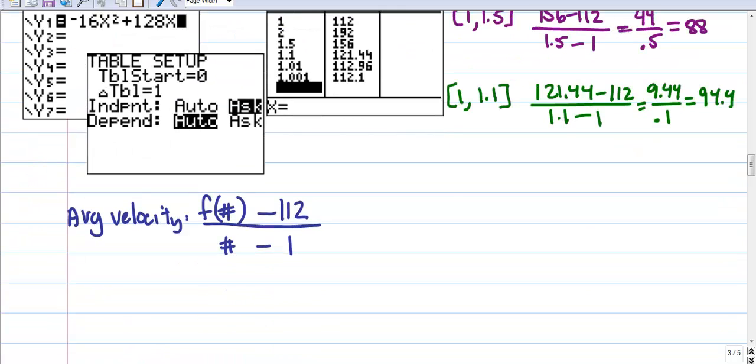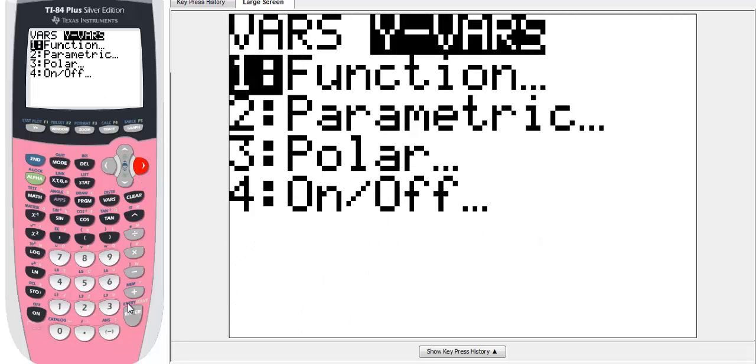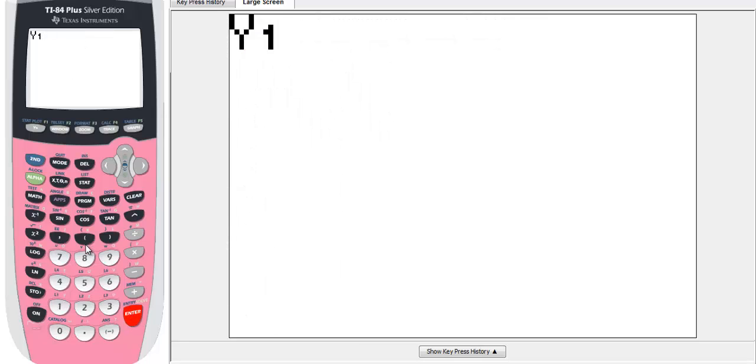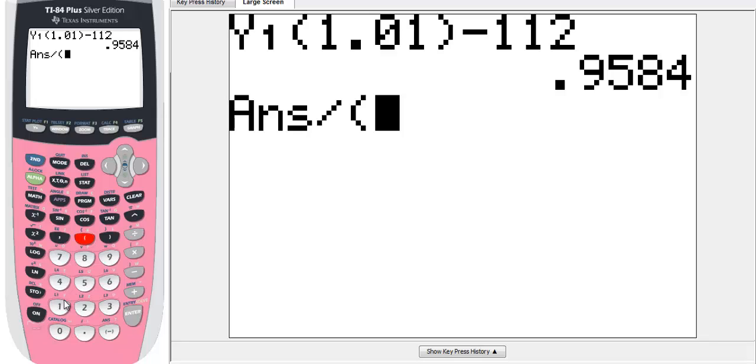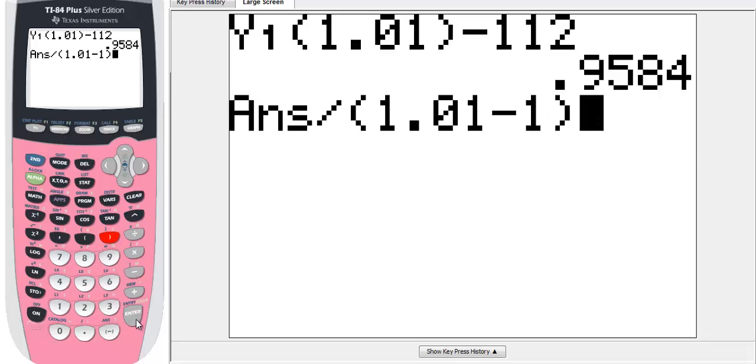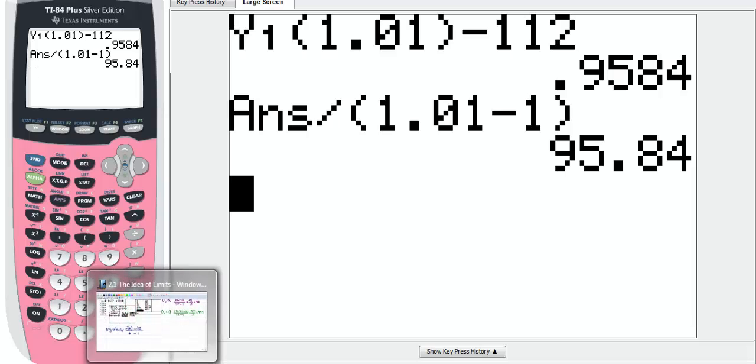And so if I want to be more exact, I could have used the Vars, Y-variables technique, and evaluate this at 1.1, then minus 112. Oh my gosh, my hand. And then divide by 1.01 minus 1. So 95.84. So I could definitely do that as another option as well.